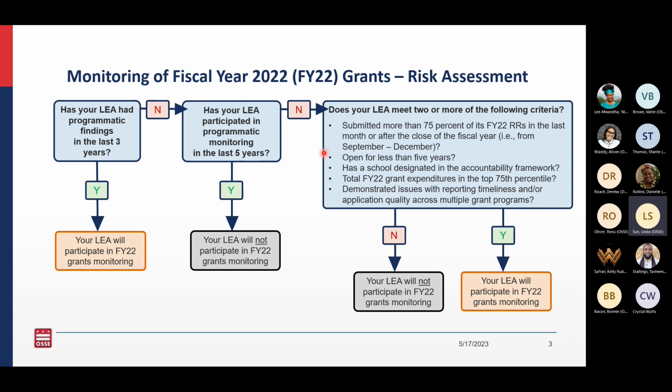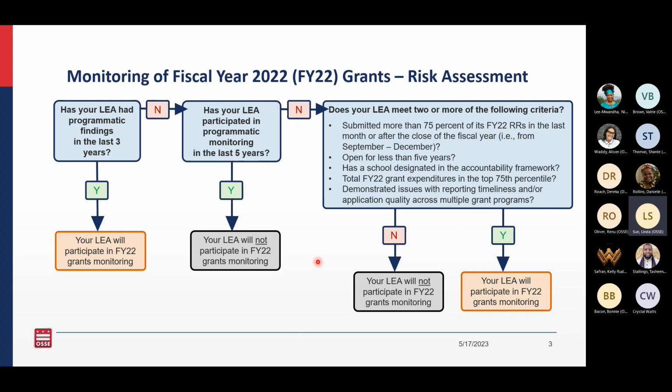Schools that have been open for less than 5 years, LEAs with a school designated in the accountability framework. Those LEAs that are in the top 75th percentile of expenditures, so typically are larger LEAs, and LEAs that had issues with either submitting reports on time or with their application quality across multiple of our grant programs.